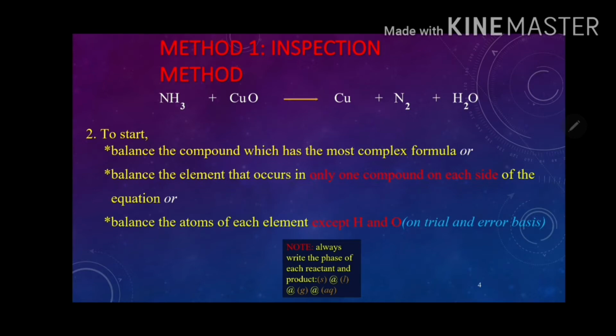This is on trial and error basis. After that, balance hydrogen and oxygen. So now, except hydrogen and oxygen, we have N and Cu.